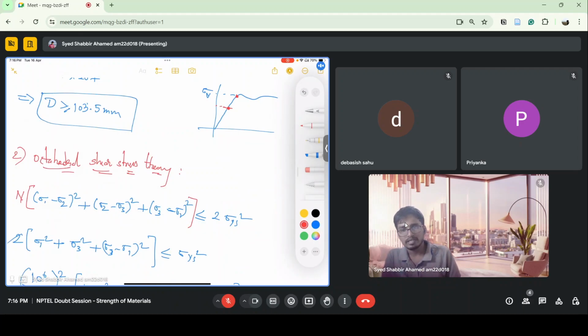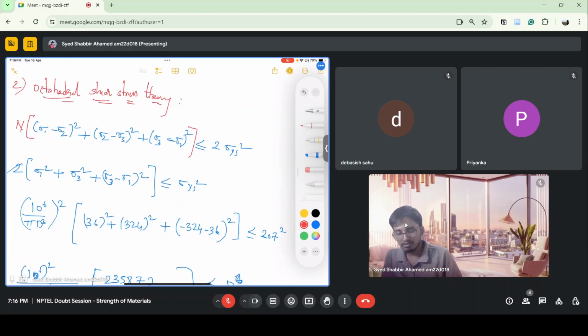Remember that both these theories are applicable for ductile materials. So steel is a ductile material, so we are using both these theories. As we have discussed last week, this theory, the octahedral shear stress theory, depends upon the distortion energy. We have the hydrostatic stress tensor and the other stress tensor.